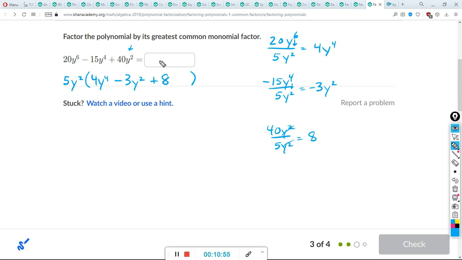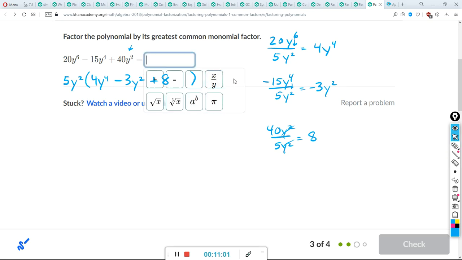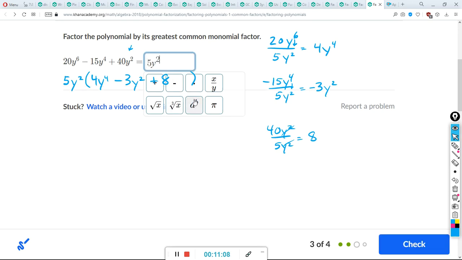So this whole thing is your answer in the box. I'm going to type 5y, hit the exponent button, squared, hit the right arrow key, parentheses.